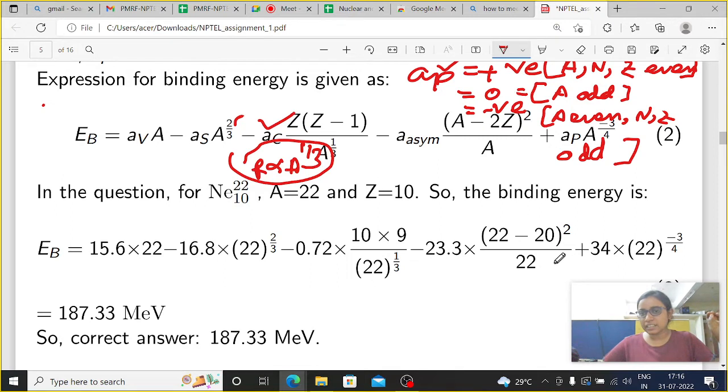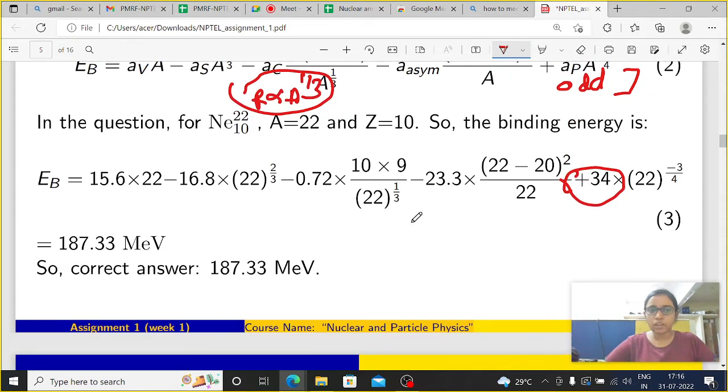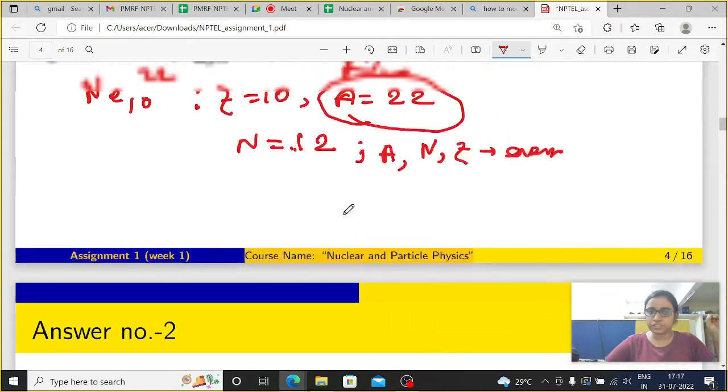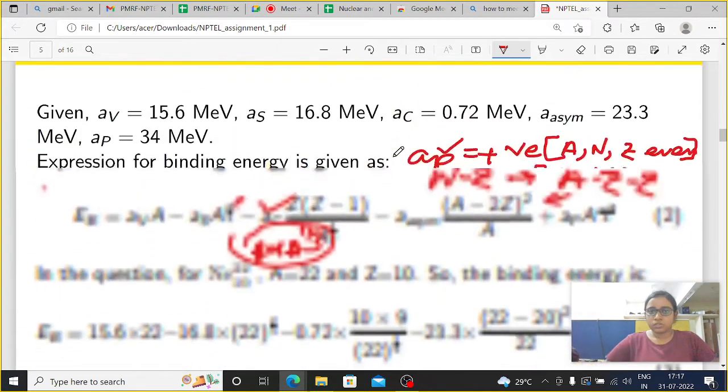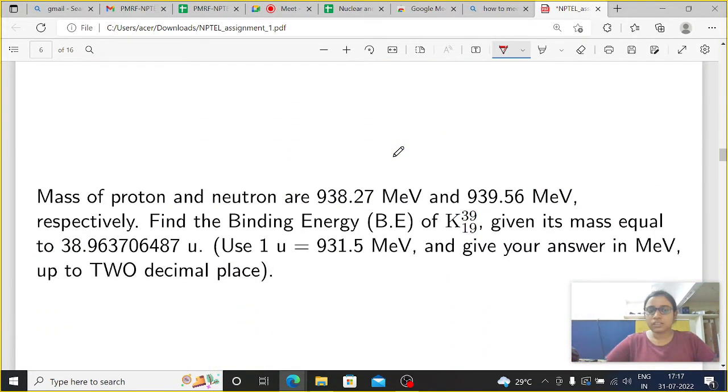You can see that positive 34 is there, because obviously A, Z and N are all even. After calculating everything in equation number 3, the correct answer for our question number 2 is 187.33 MeV, which is the binding energy of neon 10, 22. So this is about the second question.